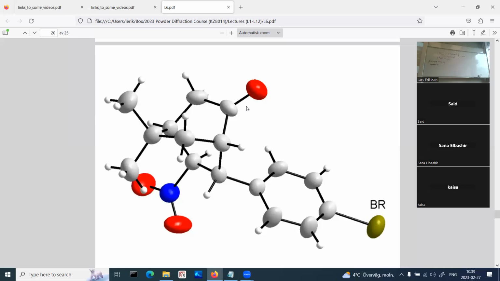Solve the structure first from X-rays, and then you apply that structure when you have the neutron data, as far as the neutron crystals are the same.